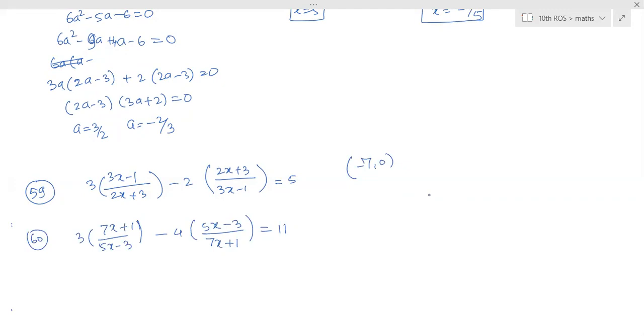Ma'am, this also will be done the same way only, right? So see the fraction and then check. Yeah, ma'am, the same way only.